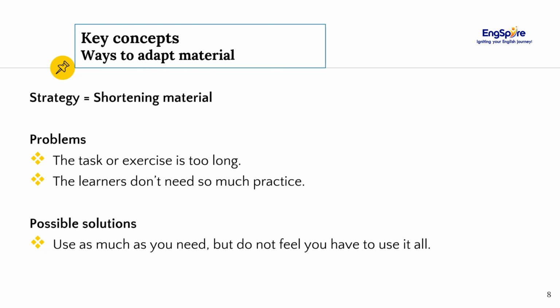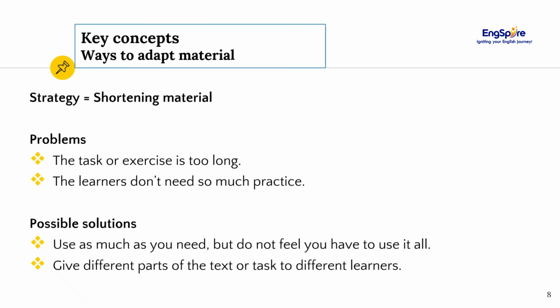For example, if a listening activity has 3 sections, but your lesson time is limited, you could use only 1 or 2 sections. You could also divide material among learners. For example, give different groups different parts of a long text and ask them to share the information afterward.